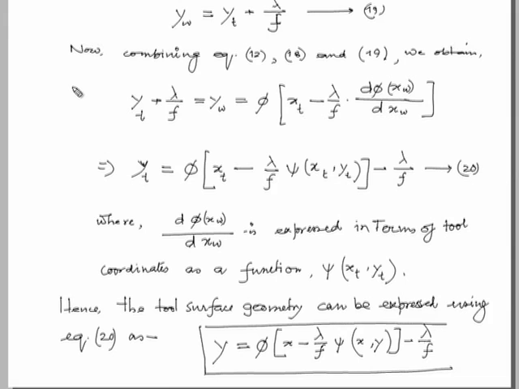This is the generalized equation. So, this equation will describe in general the tool profile, that is y is the coordinate in the tool profile, and it is a function of phi of x minus sigma by f, a function of x and y, that is psi of x and y minus sigma by small f, that is in terms of feed.